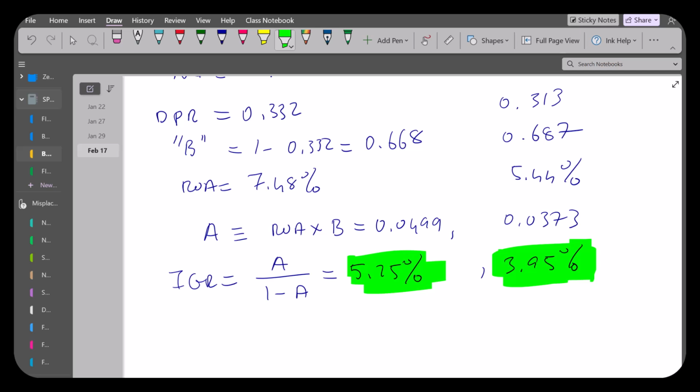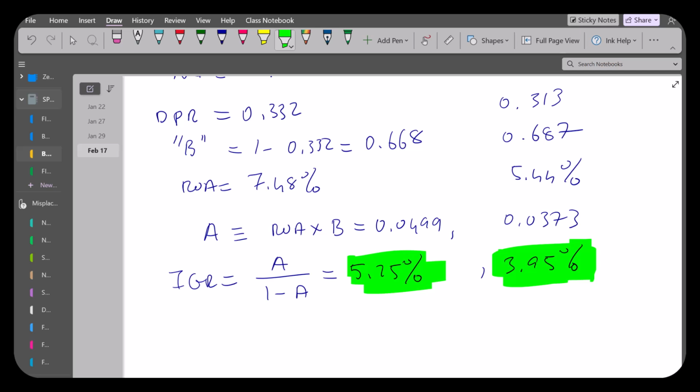You don't even need any math or arithmetic to do this. Remember, internal rate of growth is you are only using resources that you generated internally. If you distribute everything, you get nothing left. That means your internal rate of growth is zero.